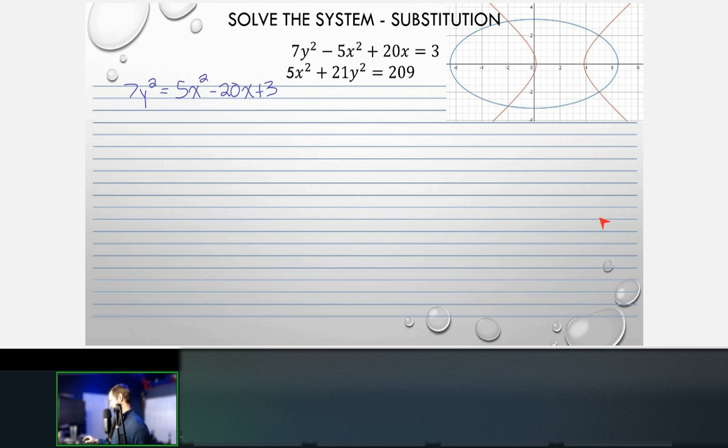So multiply it times 3. So Enzo, tell me, why would we want to multiply this equation by 3? Because then the left side becomes 21y squared. So let's go ahead and multiply this equation by 3.